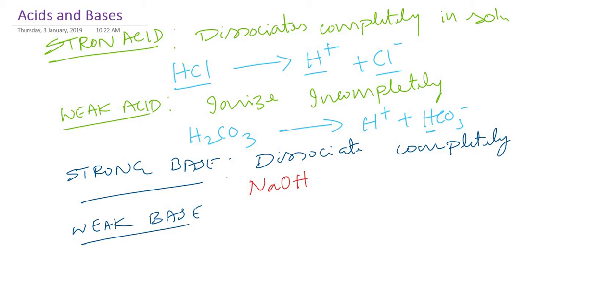In solution, 1 mole of sodium hydroxide dissociates completely and gives 1 mole of sodium and 1 mole of hydroxide. They dissociate very rapidly and completely. Those bases which dissociate incompletely or partially are called weak bases.